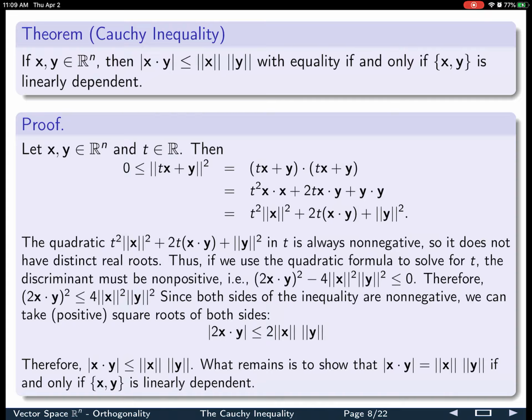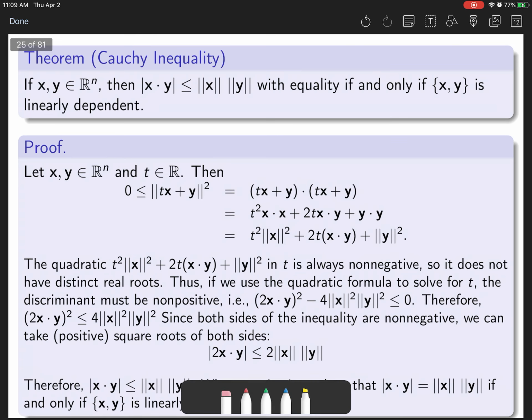I think the way that would be most insightful to actually think about this problem is to realize, again, that this dot product, x dot y, when we're looking at the absolute value of that, we're looking at the absolute value of the length of x times the length of y times the cosine of the angle in between them.